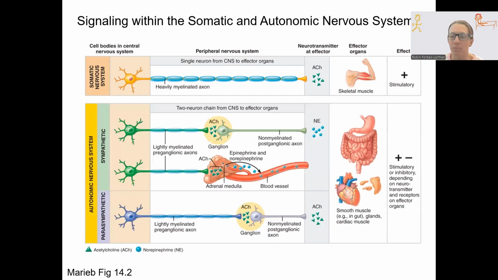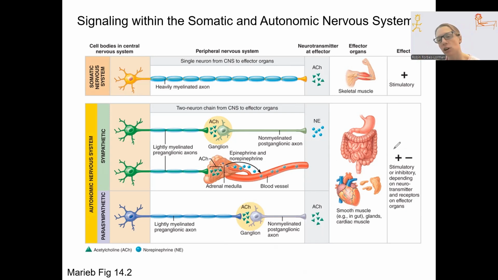If we add in the autonomic nervous system, it's a lot more complicated. So we have the sympathetic and parasympathetic with their two neuron chain, releasing acetylcholine from that preganglionic neuron. But then the postganglionic neuron is varied. So it's going to be either norepinephrine or acetylcholine, depending on which division we're talking about.